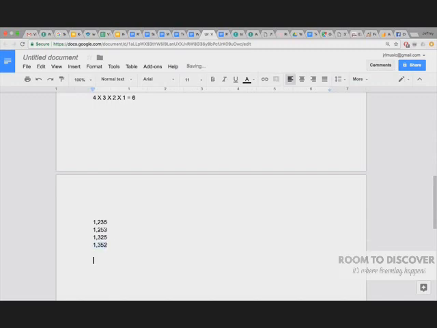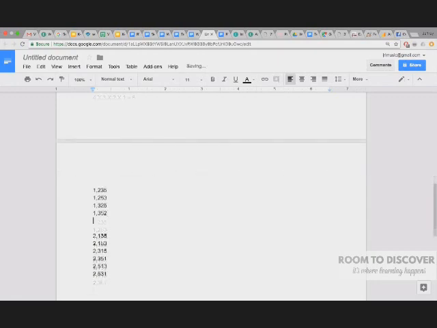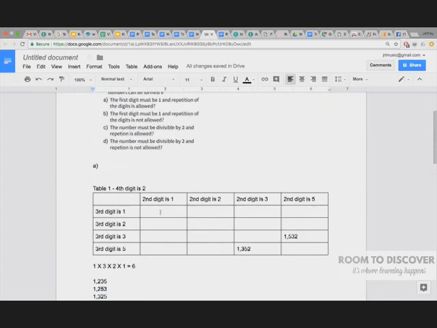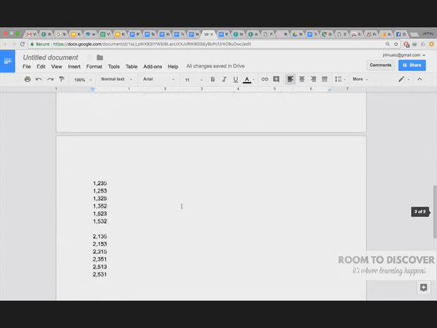If we have 2 in the first digit, this is actually really interesting. 1, 5, 2, 3, 1, 5, 3, 2. Okay, so we have 1, 2, 3, 4, 5, 6 options, and 2 of them are divisible by 2. It must be divisible by 2, and repetition is not allowed.